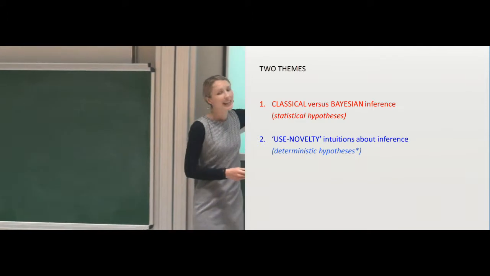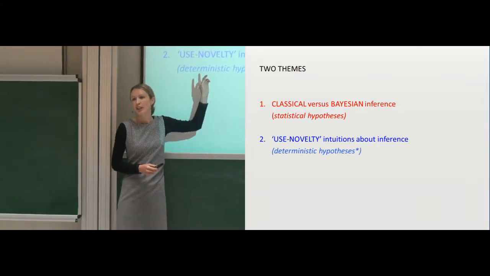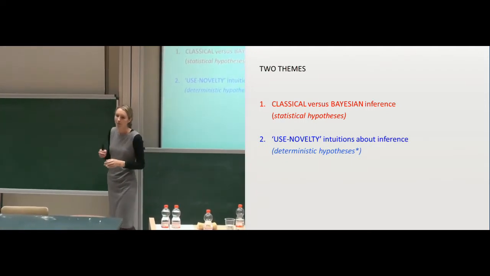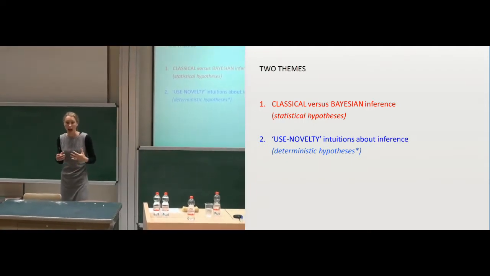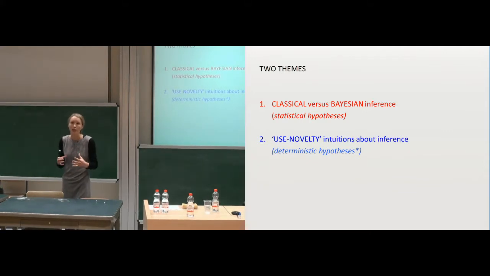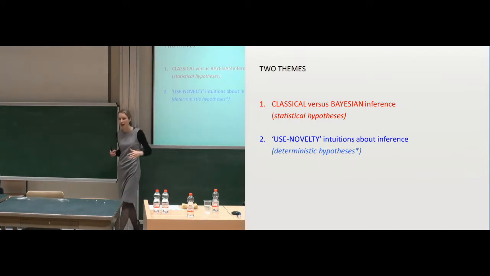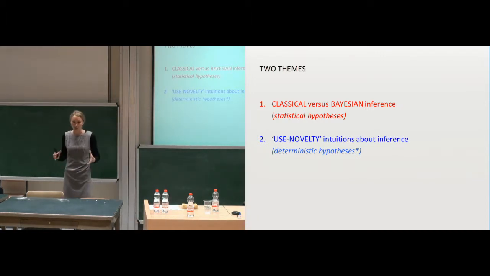Now, the other theme is a discussion in the philosophy of science, the use-novelty discussion, about the status of evidence that's already been used to construct a theory, against evidence that is new or novel predictions. A lot of that discussion concentrates around deterministic hypotheses, where you set up your notion of the hypothesis such that it entails this evidence for sure.